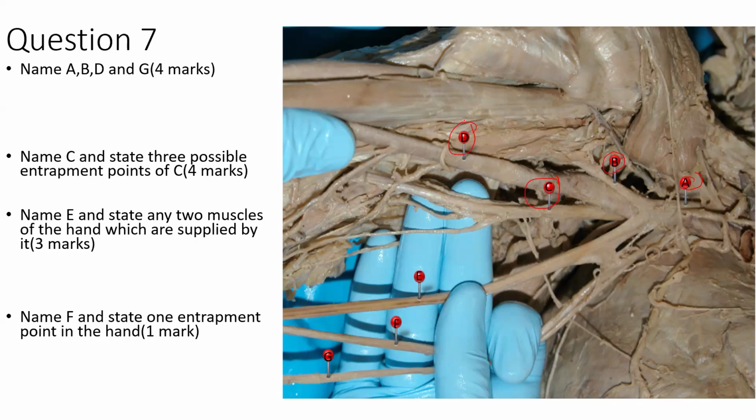So the debate is, is it axillary artery or is it brachial artery? Let me see where the pointer is pointed. I tend to think this is more of brachial. So let me ask this question.